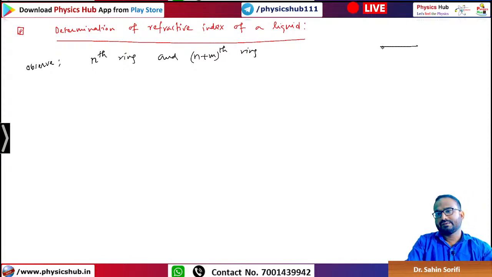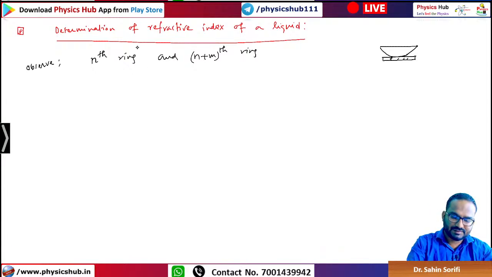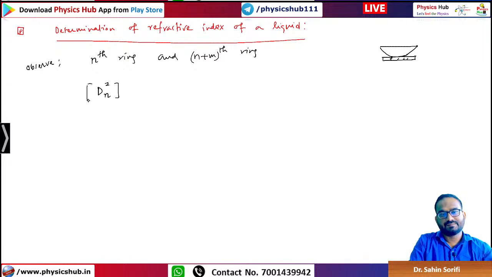So when there is a liquid in between this convex lens and this thin glass plate, the liquid will have its refractive index mu. So dn square of the liquid, what will be this value? 4n r lambda by mu.